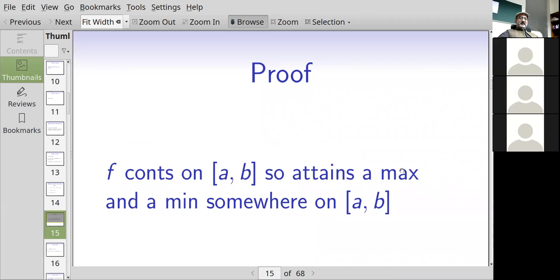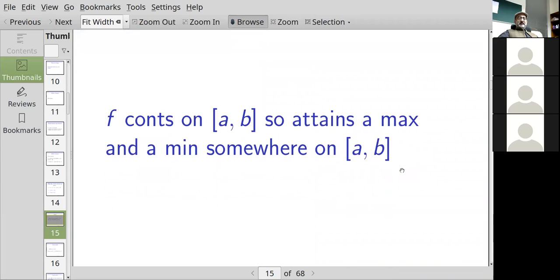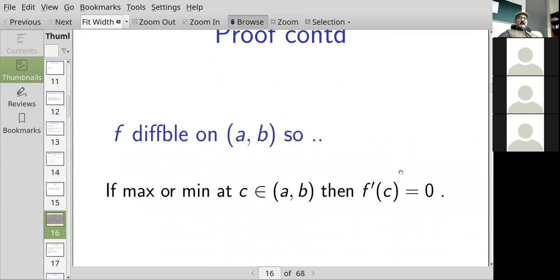All right. So this is how the proof goes. F is continuous on closed [a, b]. So by the extreme value theorem, it attains a maximum and a minimum somewhere from a to b. Now, f is differentiable on open (a, b). So your maximum and your minimum exist somewhere on closed [a, b]. If they exist within open (a, b), let's say the max or the min is at a point c within open (a, b), then we know that the derivative should be equal to 0 because the function is differentiable.